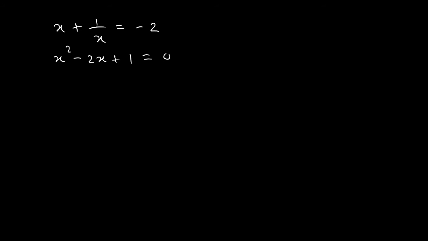After you move the terms around, this is simply x plus 1 times x plus 1. So this says that x equals negative 1, and we can check that in the original equation.